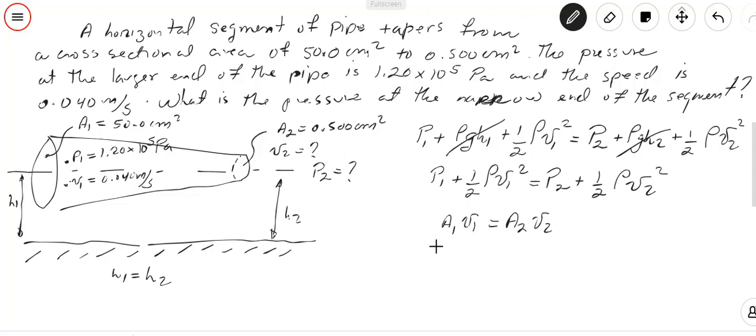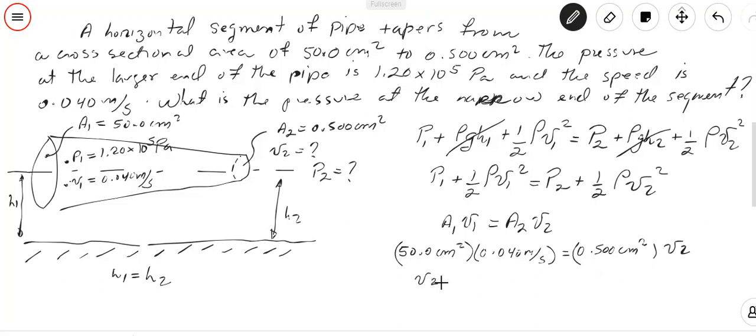So I'm going to say here that area 1, that is 50.0 centimeters squared, times velocity 1, that is 0.040 meters per second, is equal to area 2, that in this case is 0.500 centimeters squared, times velocity 2.